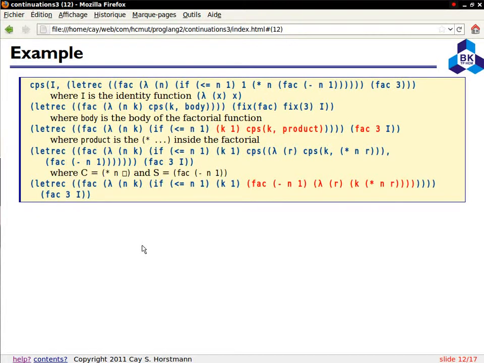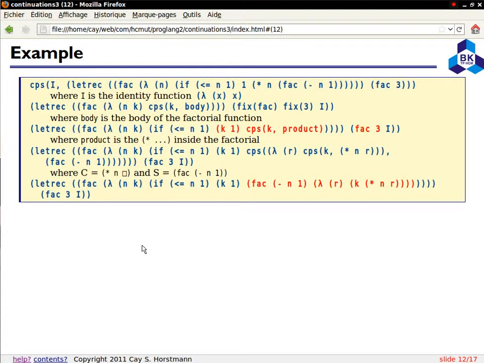So here I do it with this letrec again. I'm defining what factorial is, and then I say with that definition I wish to know what's 3 factorial. And my hope is that inside this rewriting process, the factorial is going to get rewritten into continuation passing style. All right, so this is my entire expression, and I'm going to again feed it the identity function to deliver the answer.